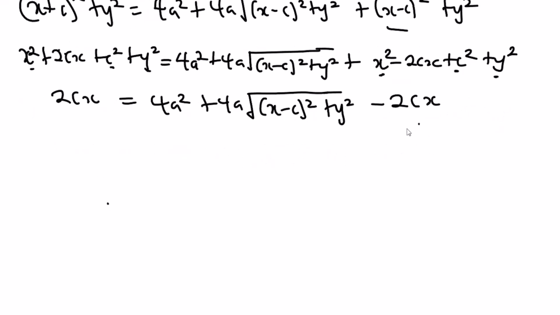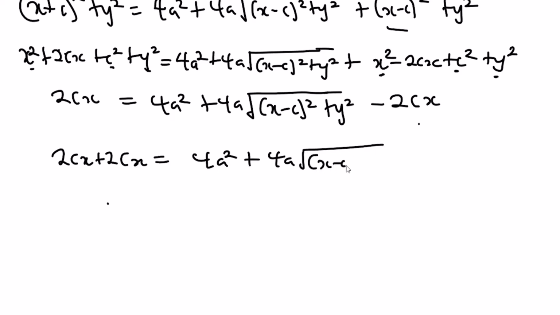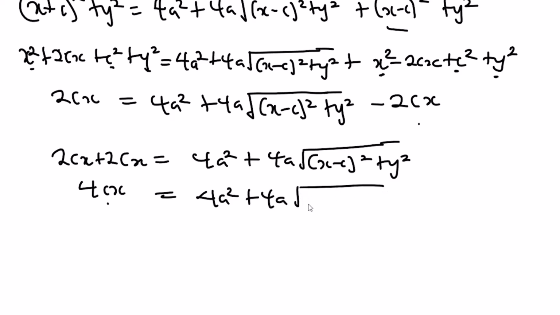Now let's see what happens next. We can decide to bring this one to the other side. Now I have 2cx plus 2cx being equal to 4a squared plus 4a root of x minus c squared plus y squared. Now this is going to give us 4cx being equal to what? 4a squared plus 4a root of x minus c squared plus y squared.